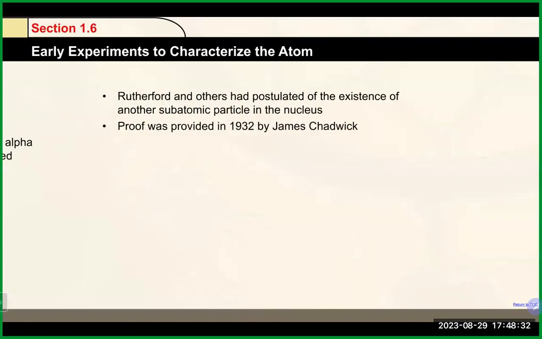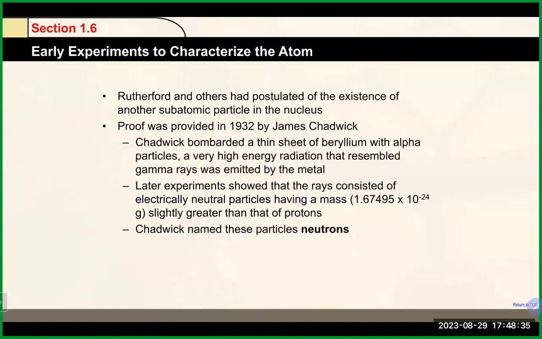Now, there was always the idea that there was another subatomic particle in addition to protons and electrons, and it wasn't until about 1932 that James Chadwick discovered the existence of neutrons. And neutrons gave off energy very similar to X-rays and gamma rays, which have no charge as well.